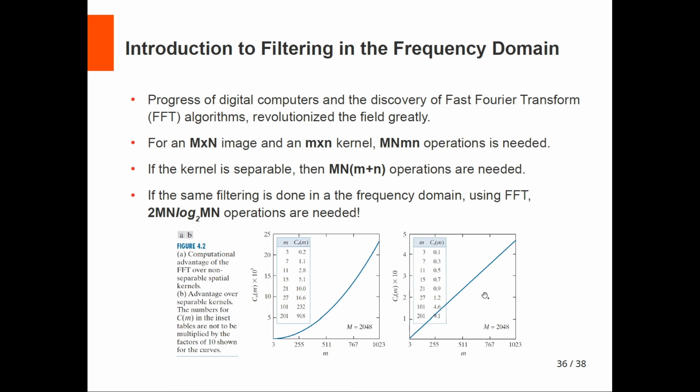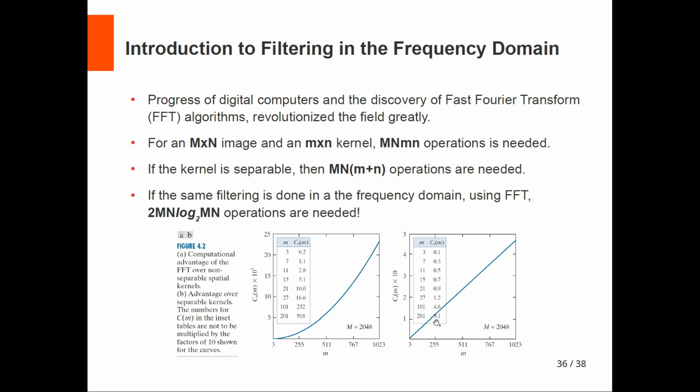For the separable kernels, the amount of computational advantage is a bit smaller, but in any case it is still beneficial to do large convolutions in the frequency domain as opposed to in the spatial domain. For example, for an image of the same size and a kernel of 201 by 201, if the kernel is separable and we do the convolution in the frequency domain, we get a computational advantage of over 9 times.